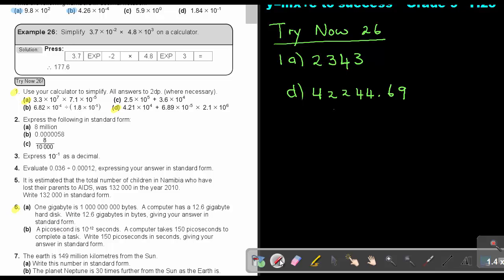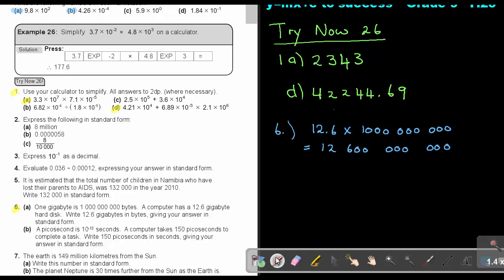I'm going to take the 12.6 and multiply it with the 100 million, which is billion. How many zeros? 3, 6, 9. If I multiply, and you can press it on your calculator, I'm going to get 12600000000.